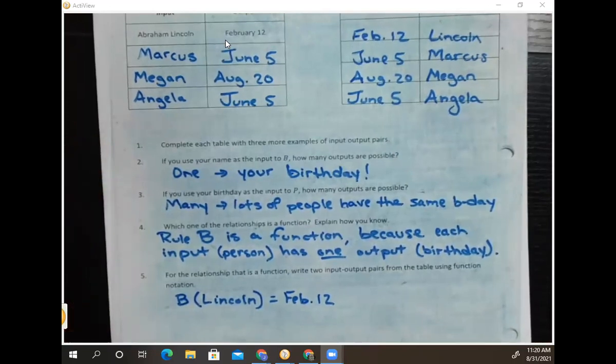I would like you now to write one more input-output pair in function notation. You can pick one of our made-up people from the table, or you can write yourself.